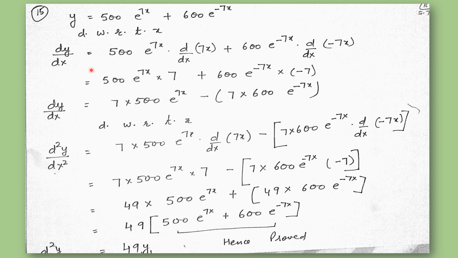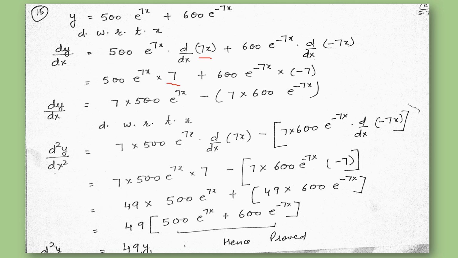So dy by dx will be equal to, what is the derivative of 500 e power 7x? It will be 500 e power 7x as it is multiplied by the derivative of 7x, plus 600 e power minus 7x as it is multiplied by the derivative of minus 7x. So what you will get is 500 into e power 7x into 7, because the derivative of 7x will be 7.